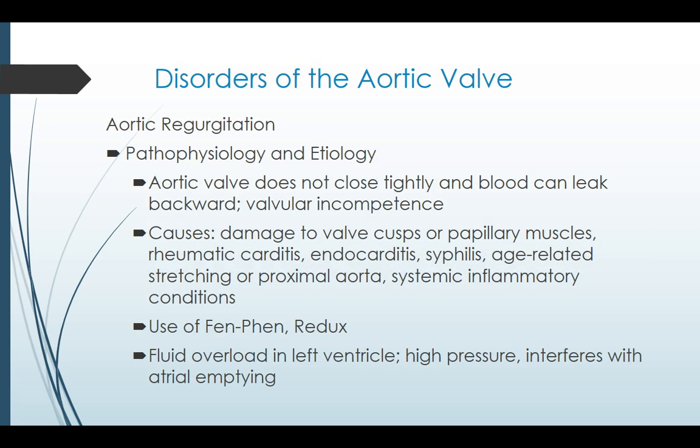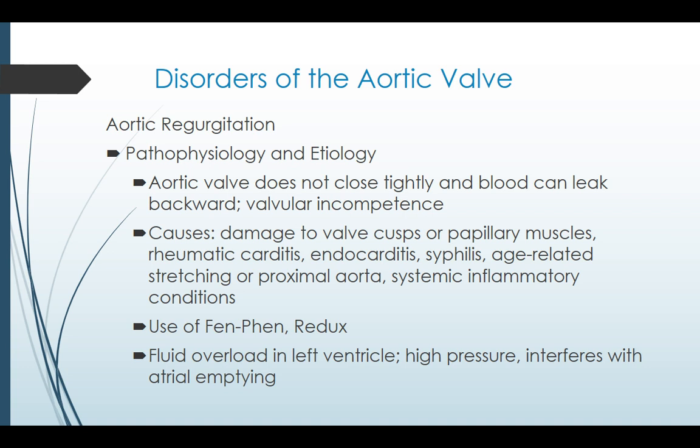Okay. Aortic regurgitation, a little bit different than the stenosis. Pathophysiology and etiology: the aortic valve does not close tightly, and blood can leak backwards. Valvular incompetence causes damage to the valve cusps or papillary muscles.